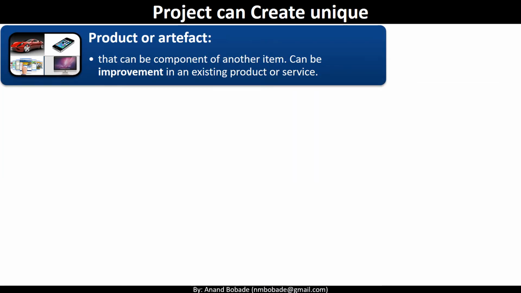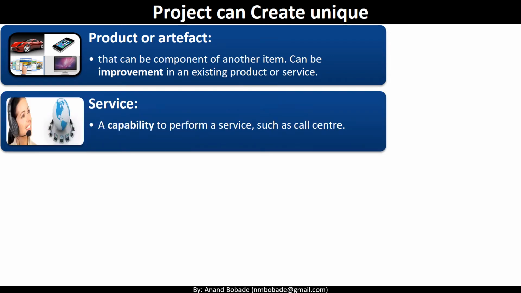Project can create unique product or artifact. Product can be component of another item, or it can be improvement in an existing service or a product. A capability to perform a service such as call center. Setting up a call center and running call center are different things.